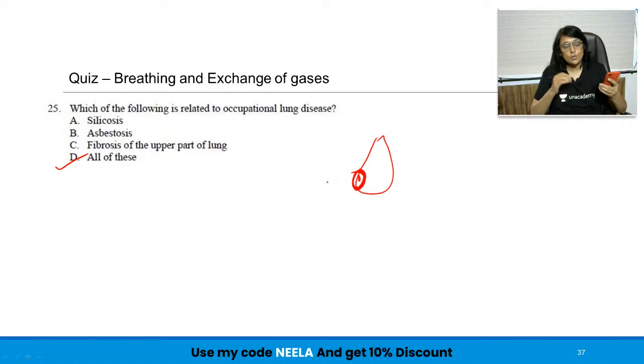So our focus should be on the wrong ones. If we did a few questions correctly, that is a good thing, that part is understood. But if you're doing something wrong, that means that particular concept or part has to be revised. Okay?